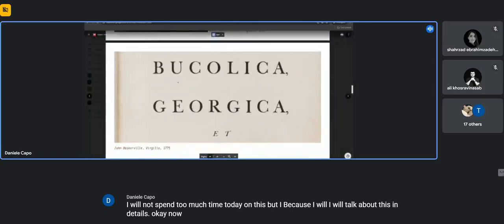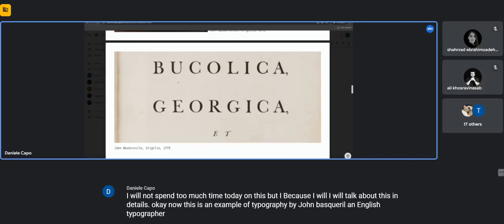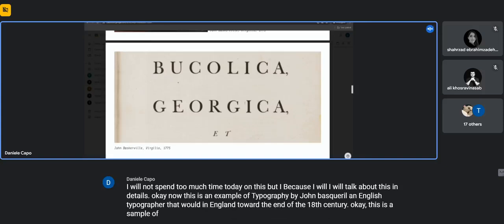Now, this is an example of typography by John Baskerville, an English typographer that worked in England toward the end of the 18th century. This is an example of 1775.